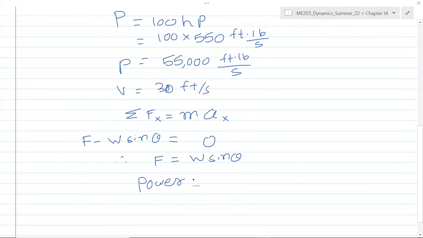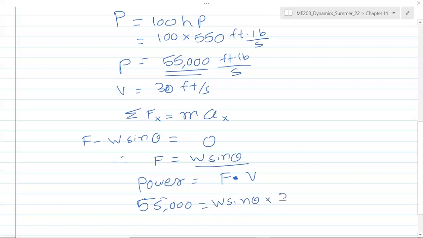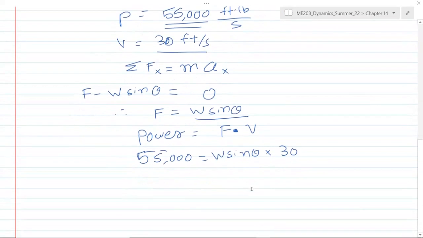So power is equal to F dot product V, or F multiplied by V. Now this power, 55,000 that we have here, is equal to F, which is W sine theta, and V is given as 30. So everything in this equation is known except theta.